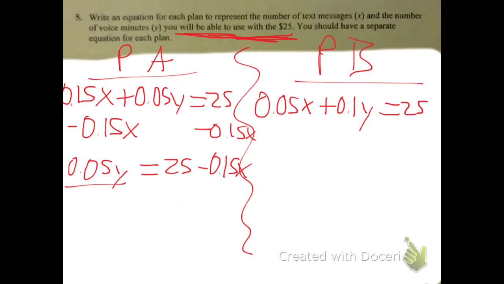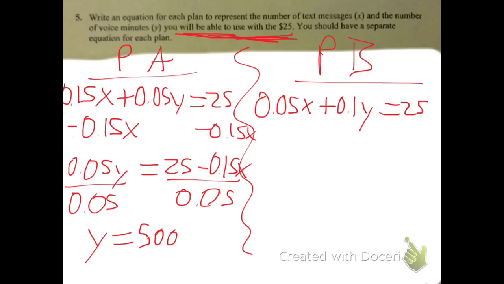Now we're going to get rid of this 0.05 business. What you do to one side, you do to the other, and we get y equals that stuff on the right side. You have to divide each piece of that by 0.05. So take 25, divide by 0.05, and you get this big old number, 500. And on the right side, you get 0.15 divided by 0.05, and you get the magical number of 3x.